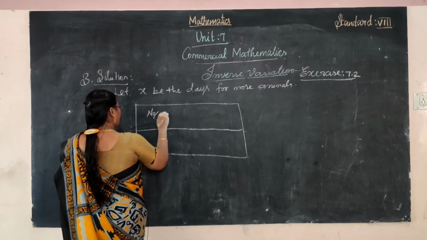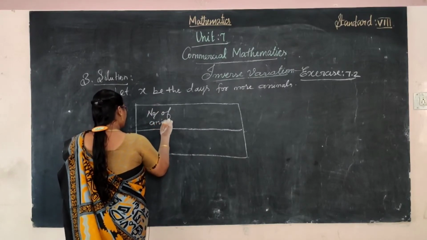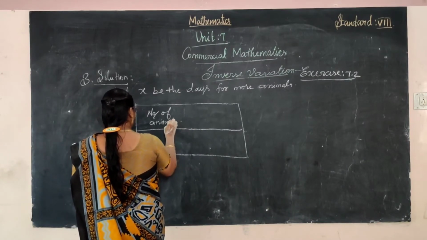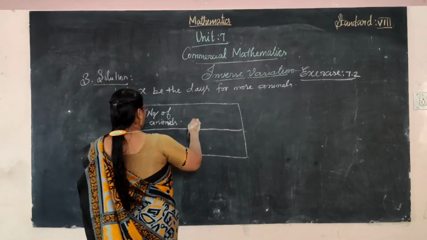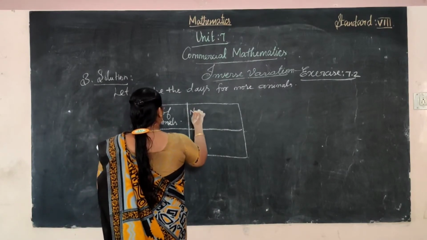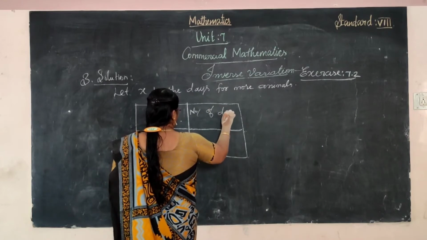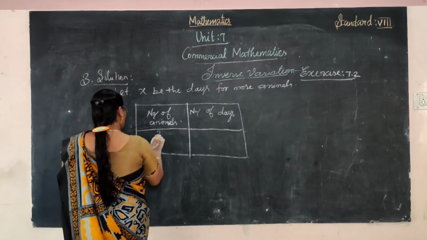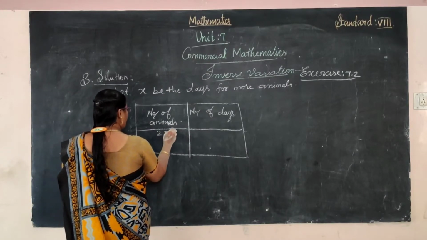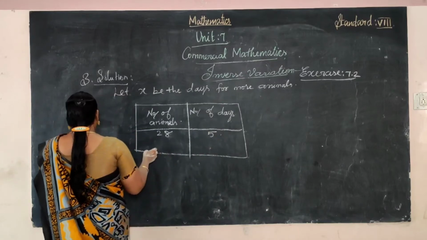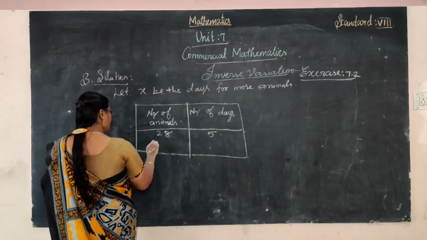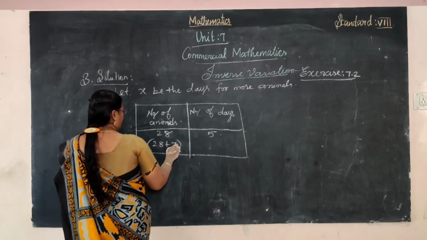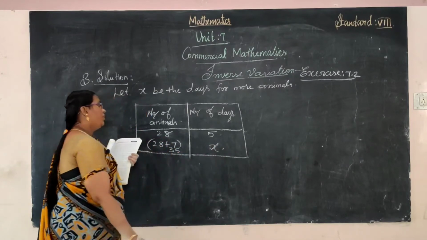Number of animals and then number of days. First one is 28 animals, how many days? 5 days. Now 7 more animals are added. So 28 plus 7, what do we get? 35. So for 35 animals, how many days do we need?